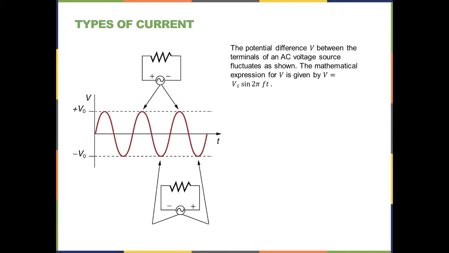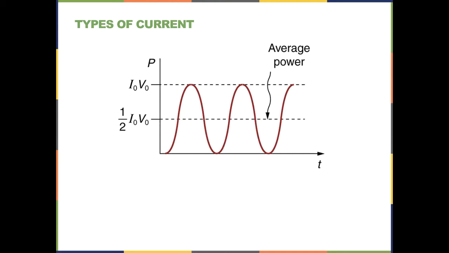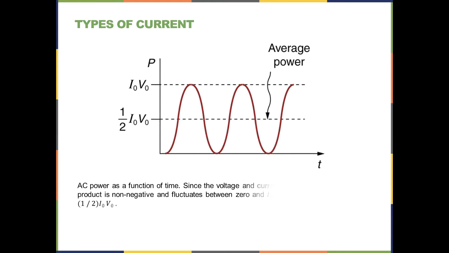The expression for V at any time is equal to V0 sine 2 pi f times t. Now, V and I multiplied together equals P. So the power also oscillates. So AC power changes as a function of time.